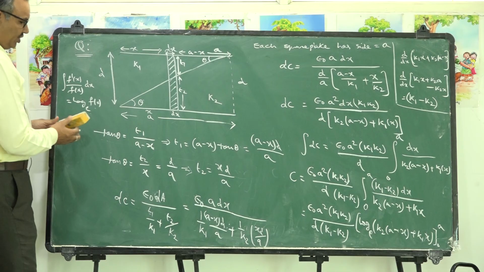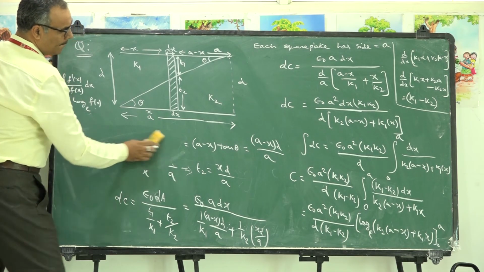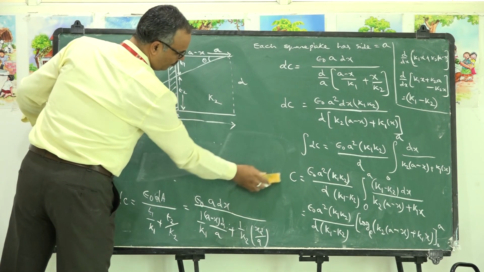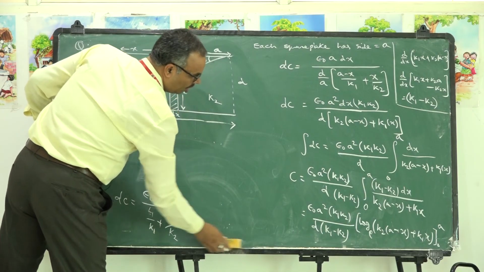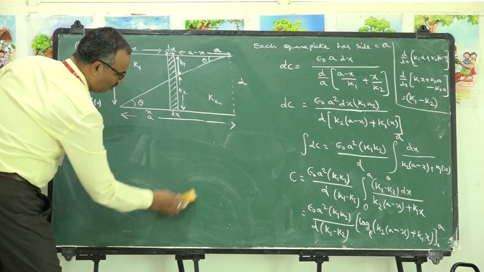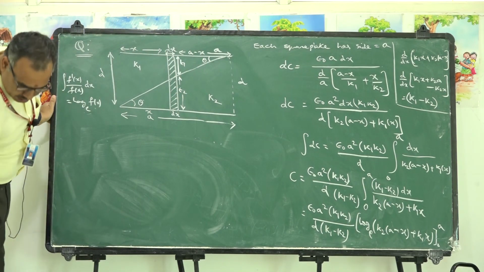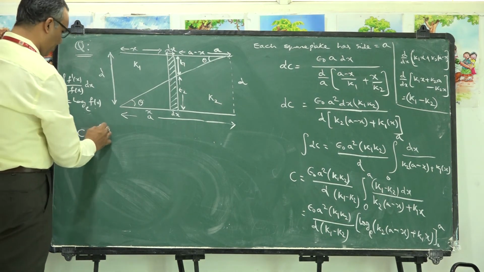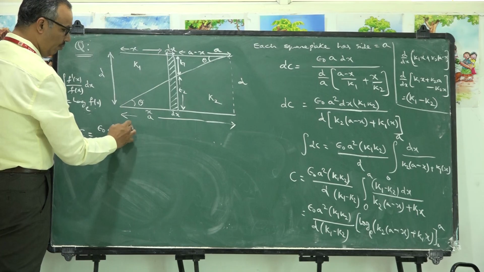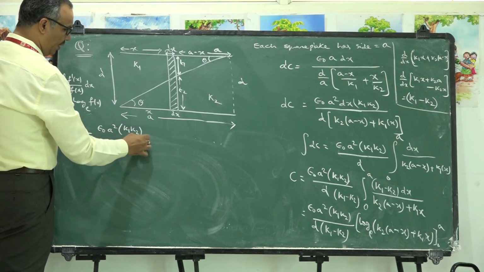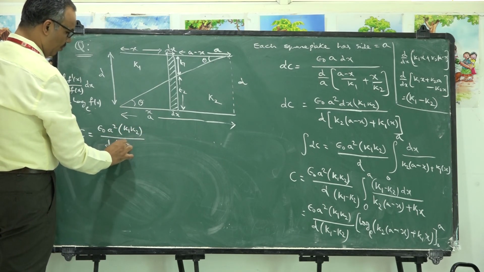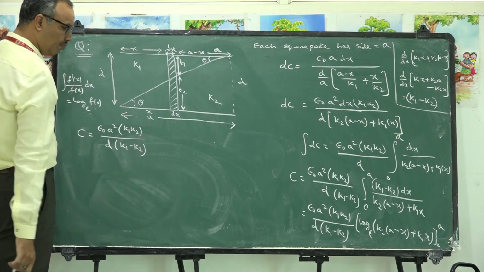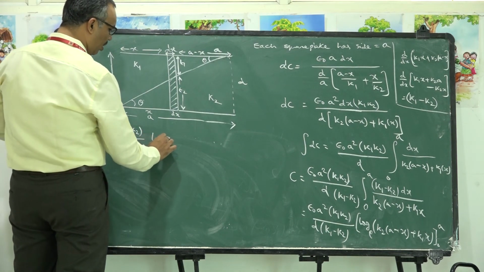I will do the simplification part here. Upon substituting the upper limit and lower limit, the capacitance C is given by epsilon naught A square into K1 K2 by d into (K1 minus K2) into log.